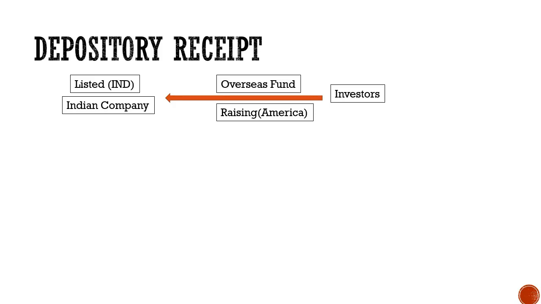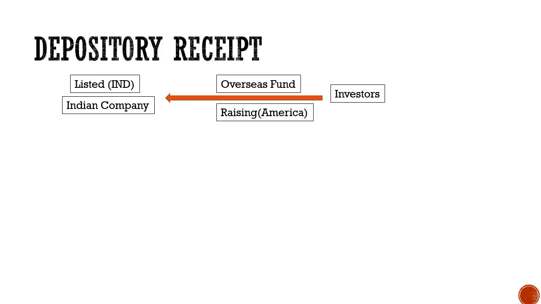If we take the scenario of the Indian corporate market, many companies like HDFC, Infosys, etc. have raised funds through depository receipts from the United States of America. So now we need to learn how these Indian companies sold their Indian shares to overseas people. By learning that procedure we'll be able to explain what a depository receipt is.